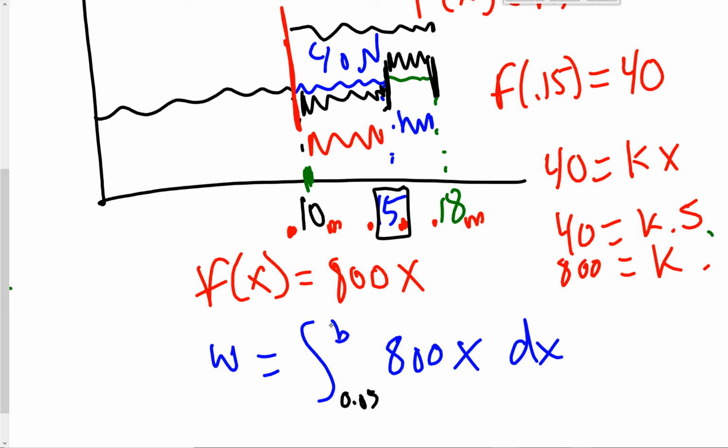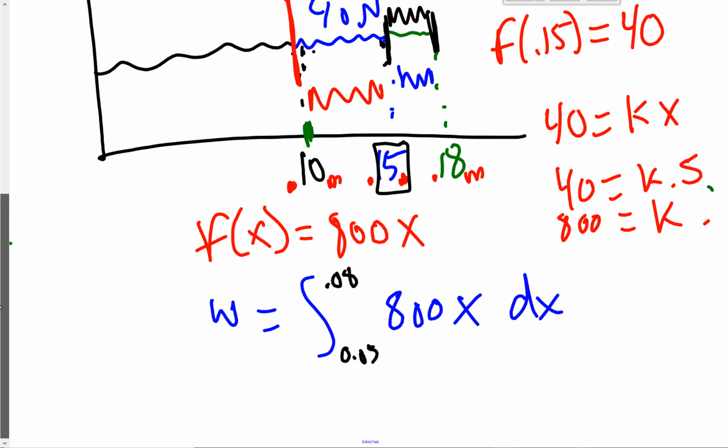So my b is 0.08, because I'm looking at just my displacement of the spring. Then I can take the antiderivative, so that'd be 400x squared from 0.05 to 0.08, and I plug those in.